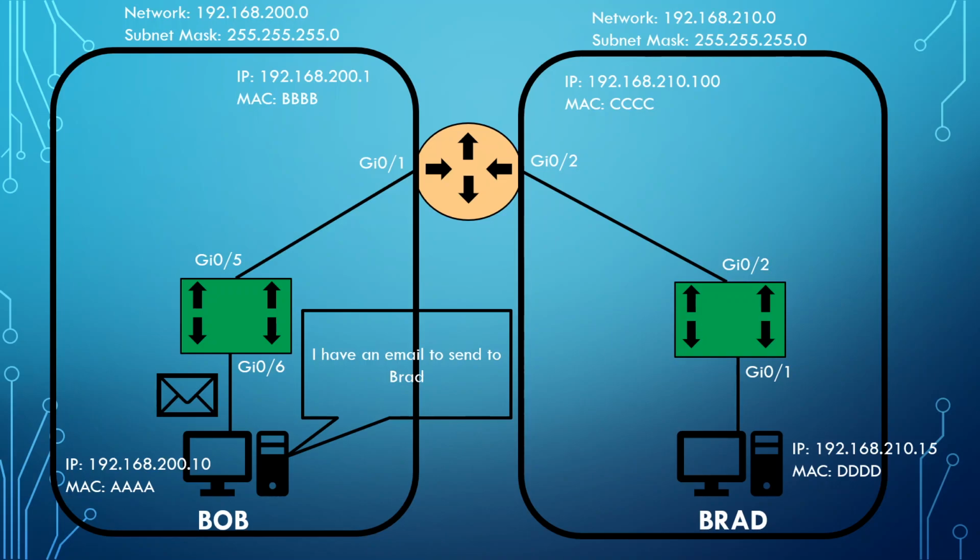In this case, we have a 255.255.255.0 subnet mask, or in prefix format, a /24.